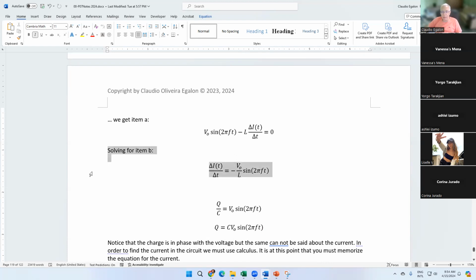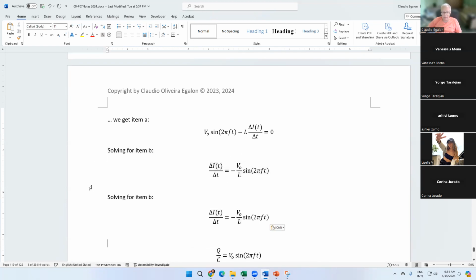And then solving for item C, we have to integrate this equation here, okay? That's how we do it with calculus-based physics. You do not have to know how to do this integration, but you have to memorize what the final result is, either memorize or refer to it in your notes. We have the following.